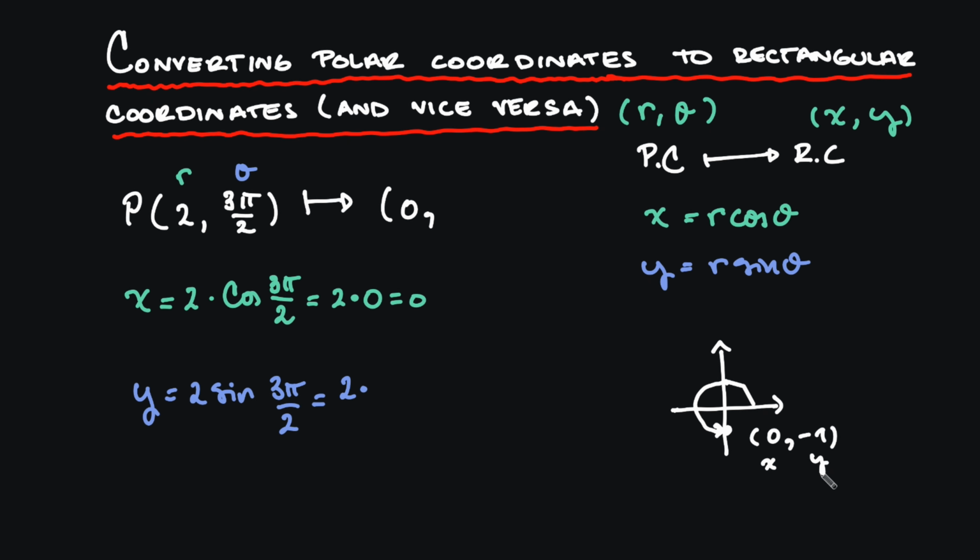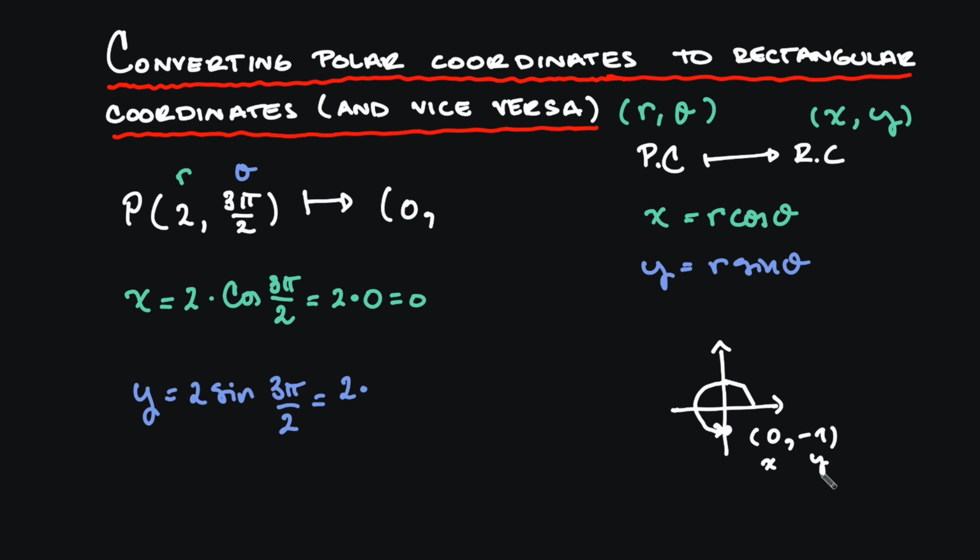And for theta, if we have the same triangle, my bad, I erased it. So this is R, this is Y, and this is X. If we have the same triangle and we're trying to find this angle, the only trigonometric ratio that relates x and y, the only information that we'll have from a rectangular coordinate, is going to be tangent.